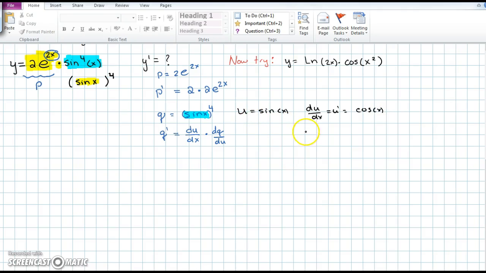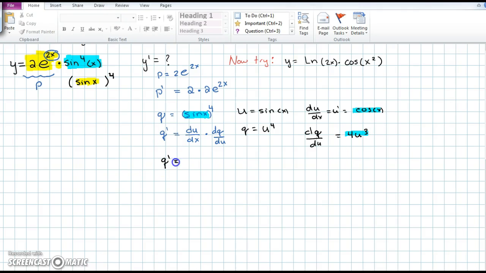The derivative of the outer, the derivative of q with respect to u, well, that q is really equal to u to the fourth, so its derivative is 4u cubed. These two derivatives are what will be multiplied together to be q prime.